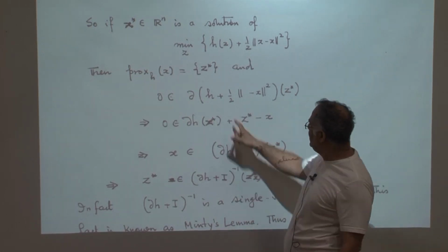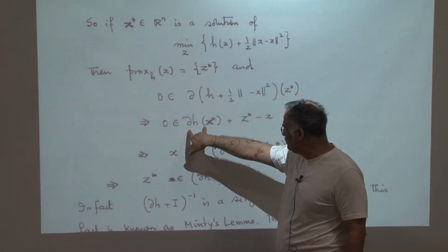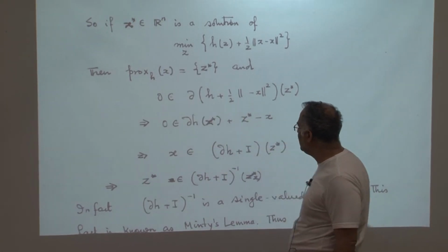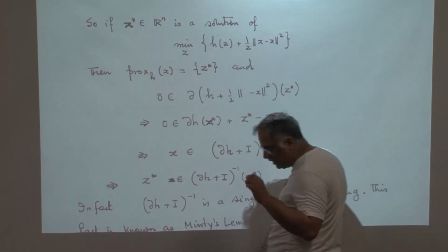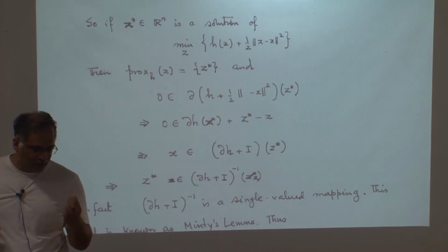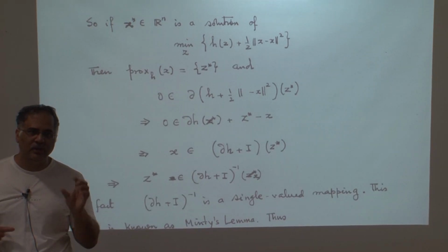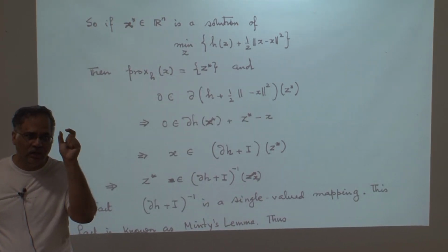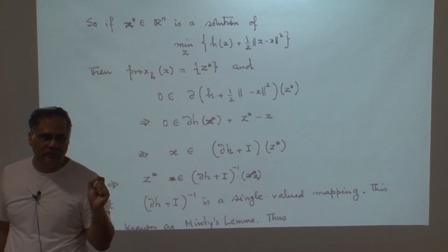Now I will apply the sum rule. But you know, when the subdifferential of a convex function is differentiable at a given point, the subdifferential has only one entry, that is the derivative.